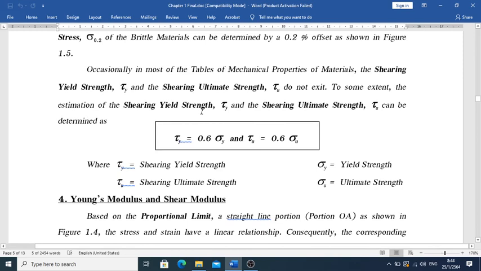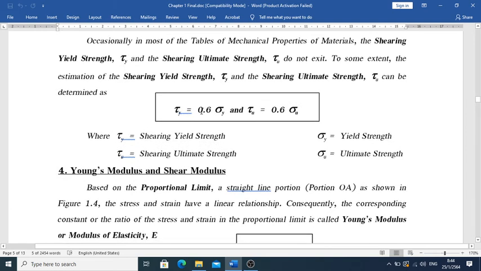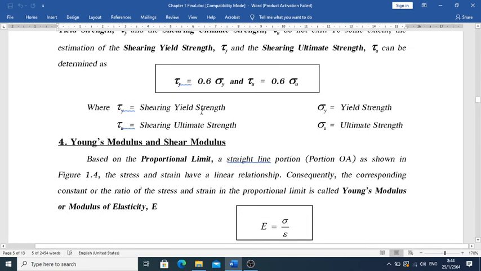In the tables of the mechanical engineering contents of the material, we typically don't have a table of tau. Anyway, we can estimate tau of Y and tau of U to be about 0.6 sigma Y and 0.6 sigma U respectively.